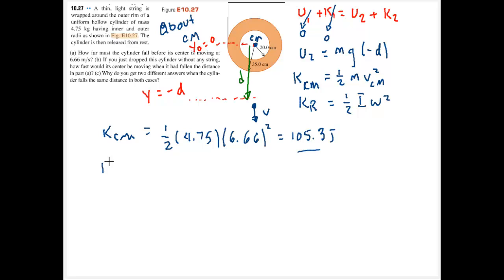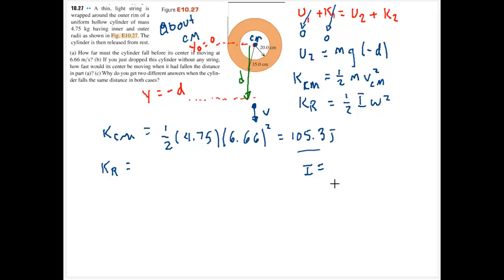Now to write the rotational kinetic energy, that's going to be 1/2 I omega squared. So what I first need to do is solve for I. I can look this up.